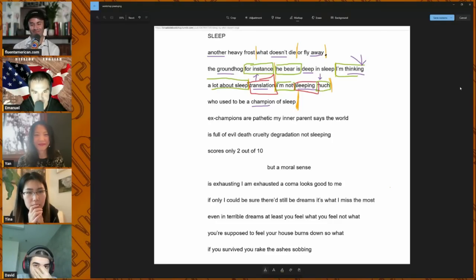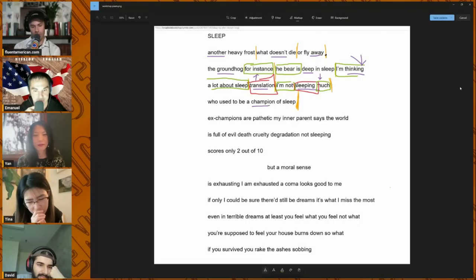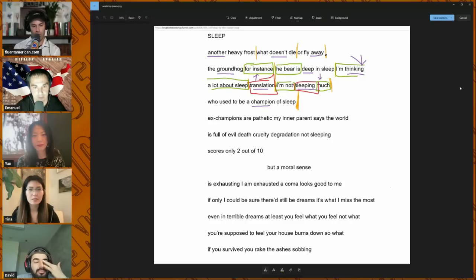I think a lot about sleep. Translation, I'm not sleeping much. Like speed-wise, yeah, I hear the speed. I think the translation sounds a little... Yeah, because I need to slow down. That's the slow down part, the red one.